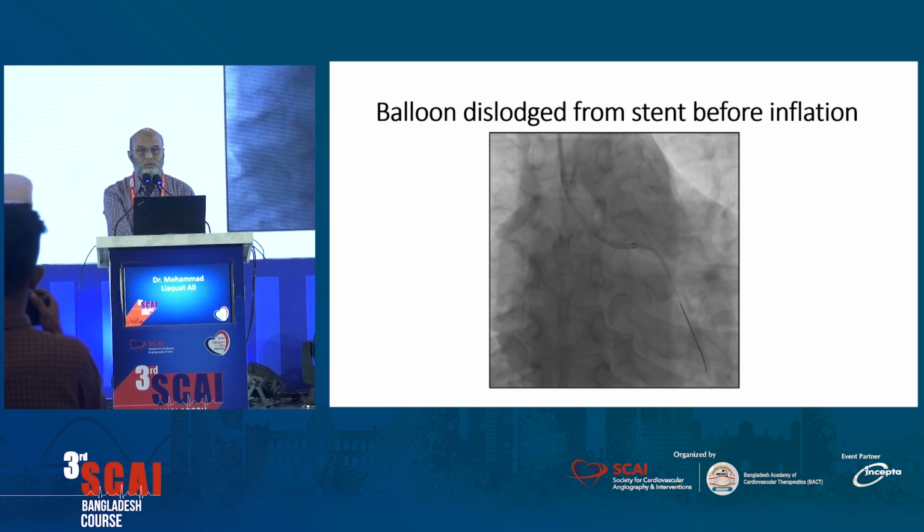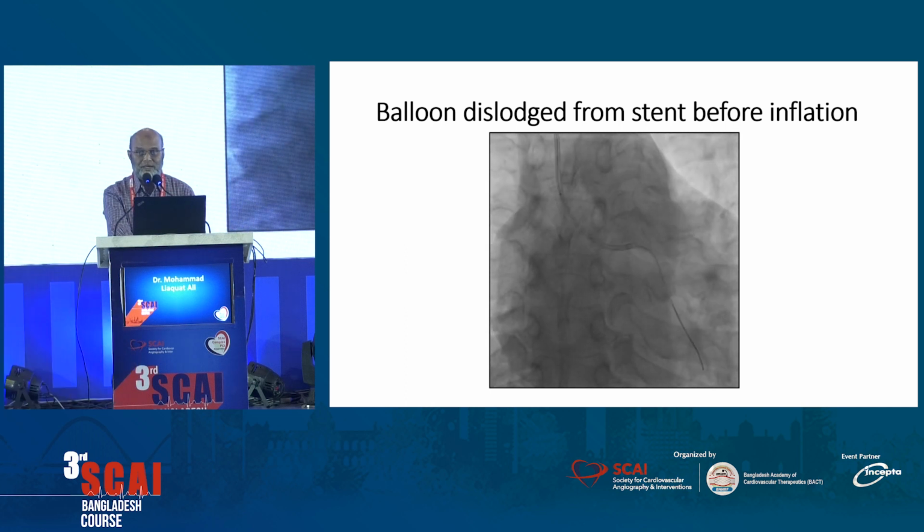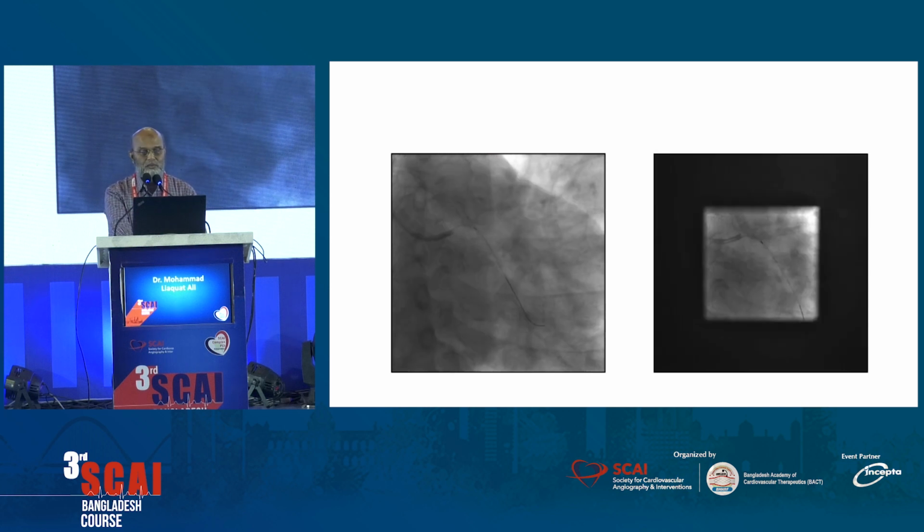So what should I do with the part of the stent which is protruding in the left vein? Fortunately, I did not lose the wire. With struggle, I succeeded to pass a 1.5 by 15 balloon over the uninflated stent. I inflated with that balloon.